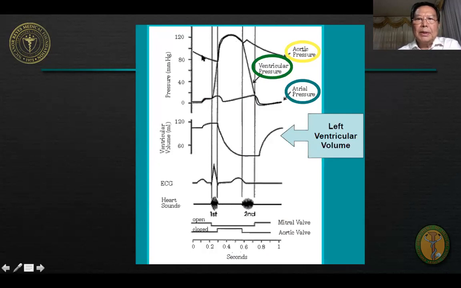So again, to repeat, this is your aortic pressure, right? Noteworthy is the fact that at the peak systole, the LV systolic pressure and the aortic systolic pressure are the same, okay? And the atrial pressure at the diastole, both the left ventricle and the left atrium are the same, and so with this, right?